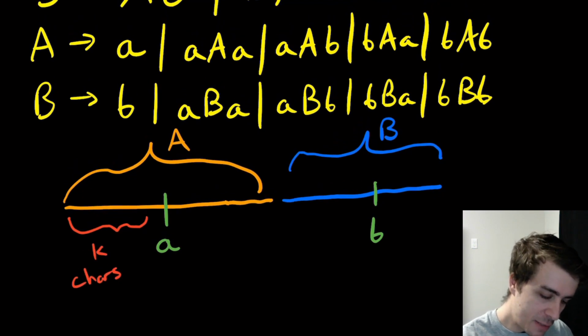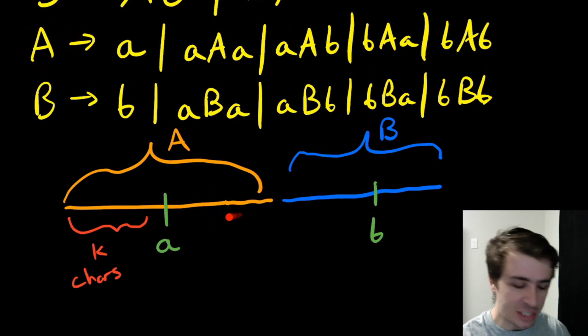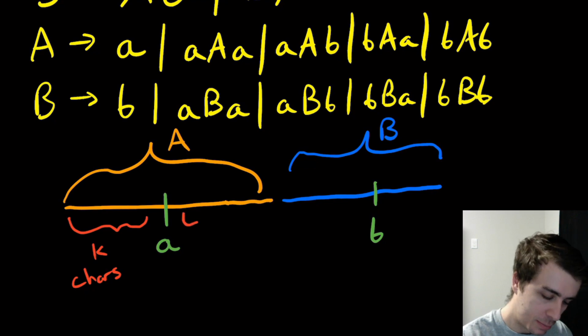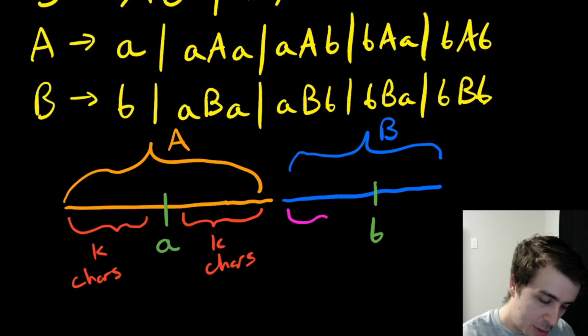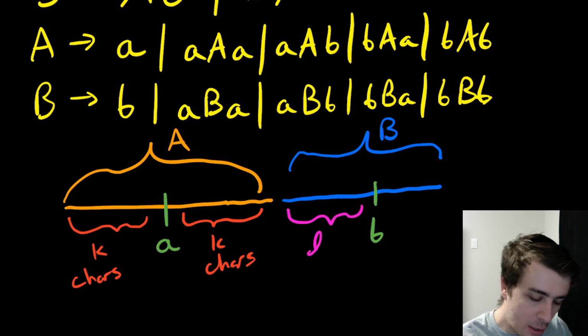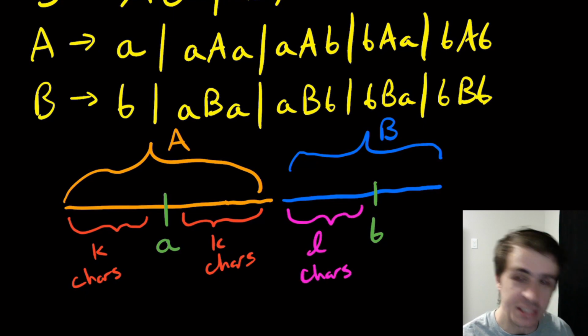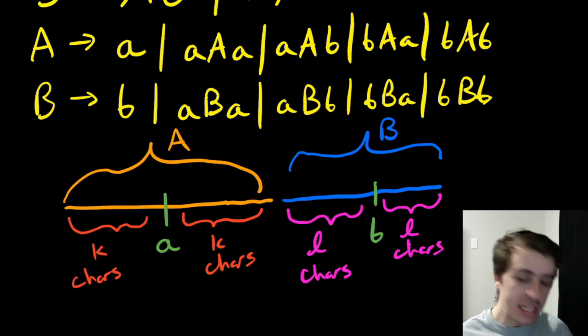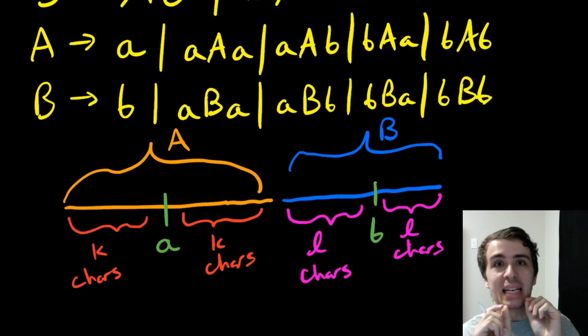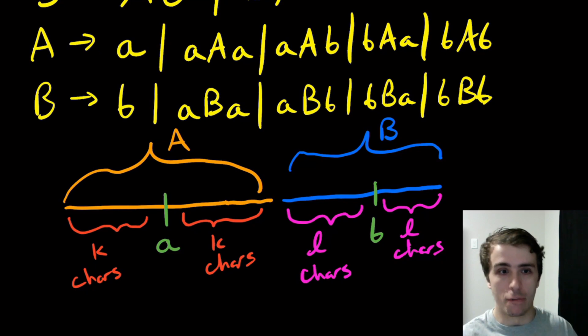And by the definition of the A variable, this part on the right side must also have K characters. So this one has K characters too. And again, the B side can have any number. So let's go with pink this time. So this part, I'm going to call L characters. It's a scripty L. And of course, on this side, there also are L characters. But the key is that the A and the B variable are exactly in the middle of both.